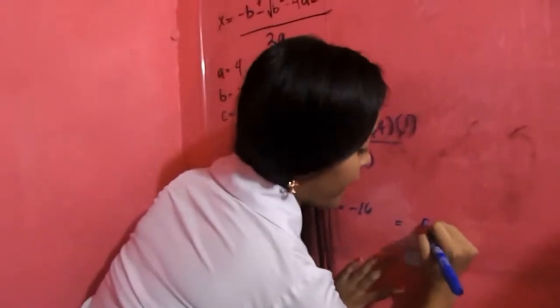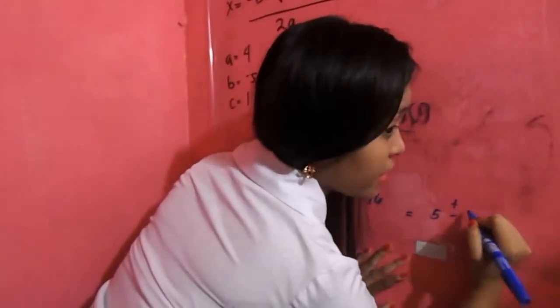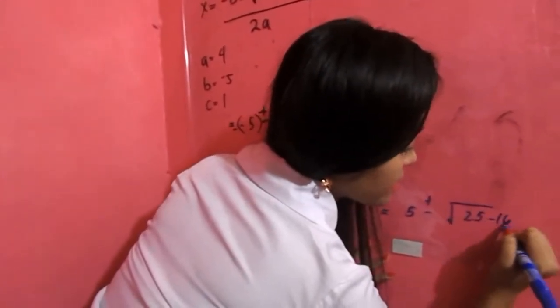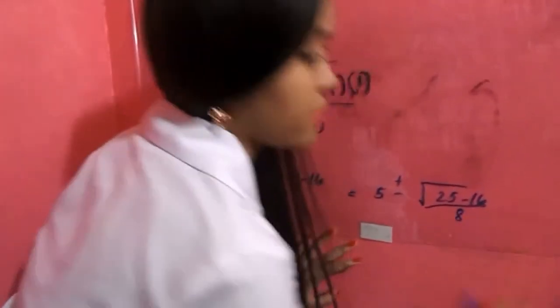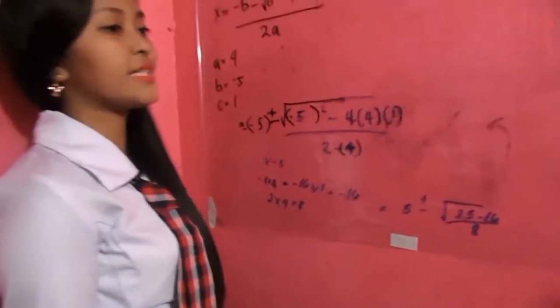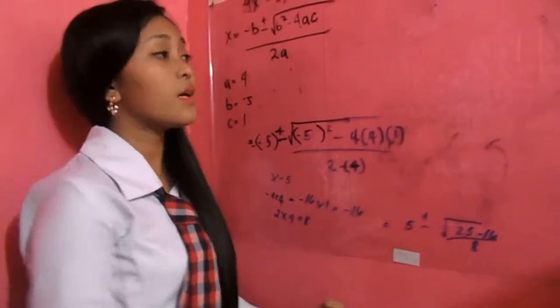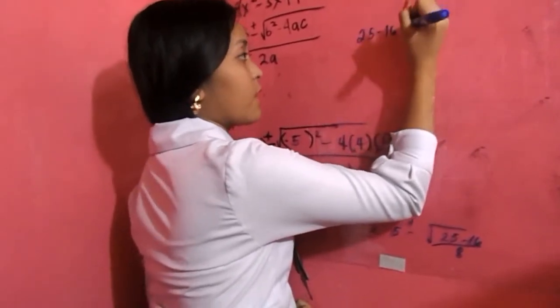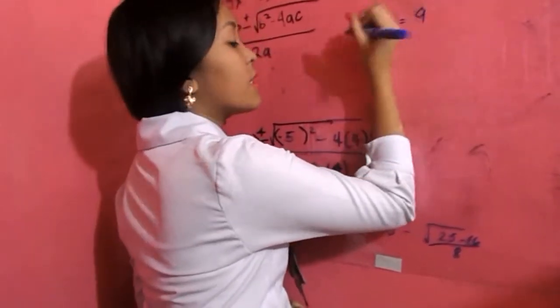So 5, positive and negative, square root of 25 minus 16 over 8. Let's subtract: 25 minus 16 equals 9.